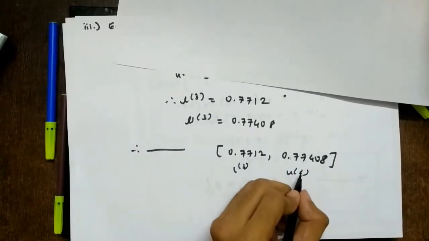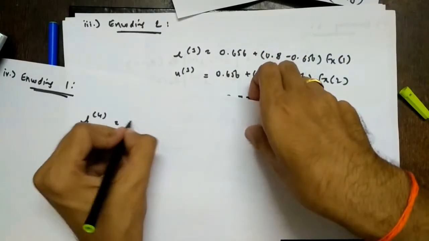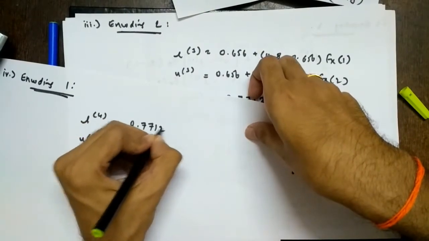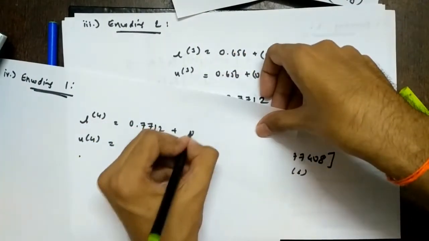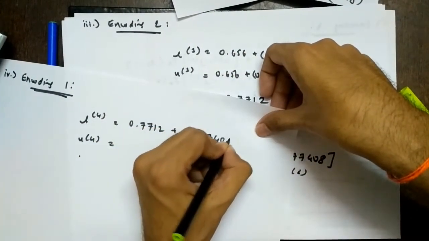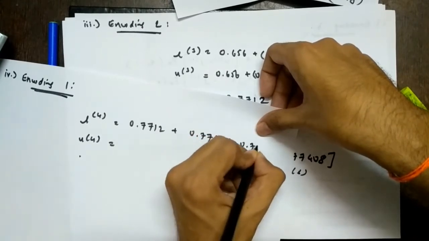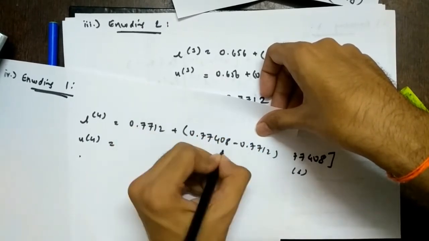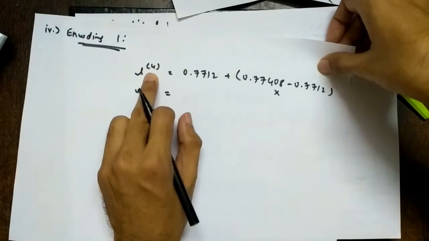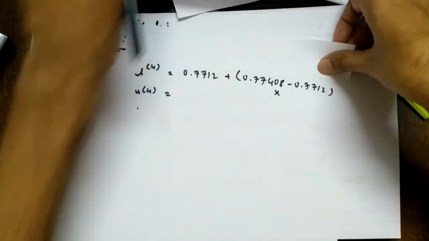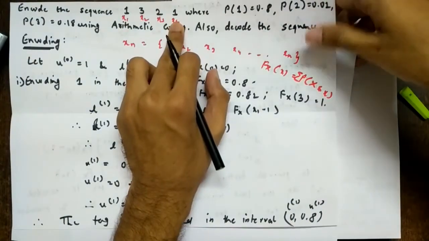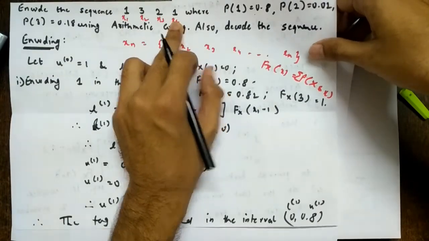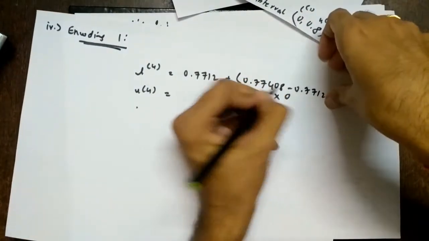So L3 plus U3 minus L3. So 0.7712 plus 0.77408 minus 0.7712 into fx of x4 minus 1. What is x4? 1. So fx of 1 minus 1, fx of 0, which is 0.